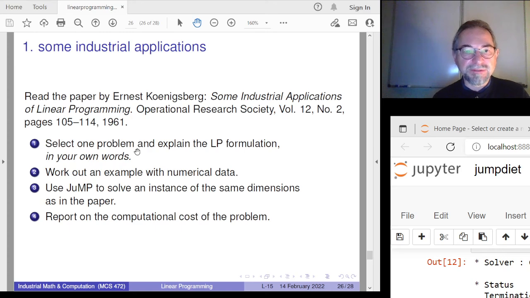The purpose of this project is that you select one of the problems and you formulate it in your own words. The numerical data you may have to either look up from elsewhere or come up with an instance that is feasible. And then solve the instances. The dimensions that are reported there are 50 and 100, I remember, in one problem. And for the time, we are talking the 1960s, so this was quite intensive.